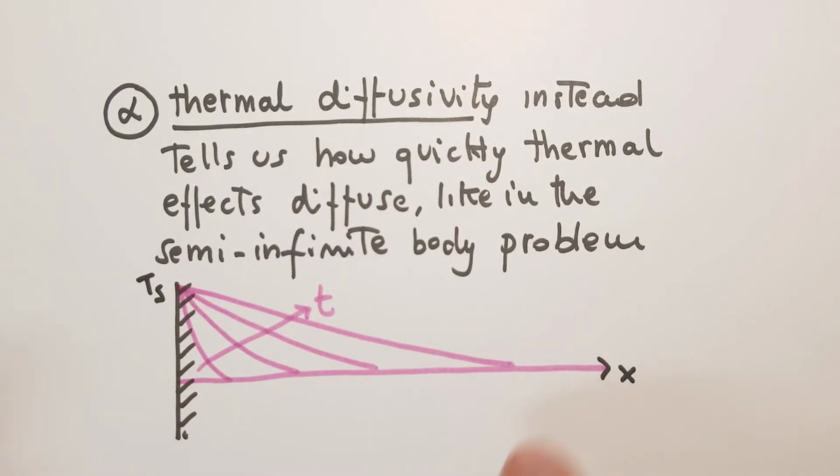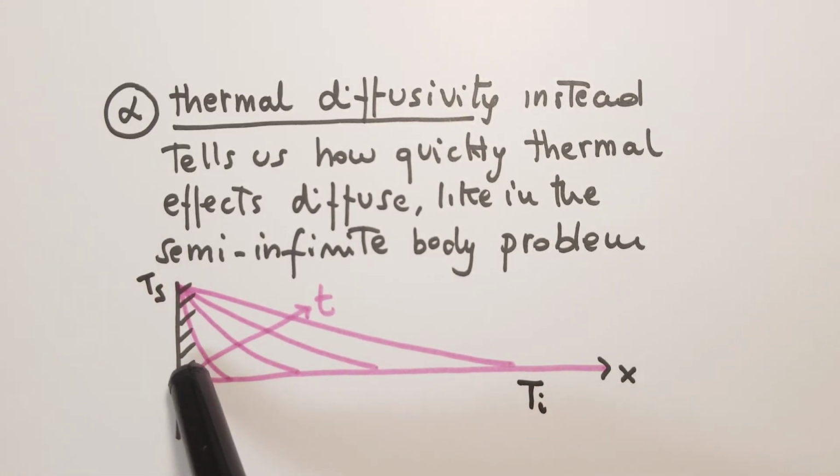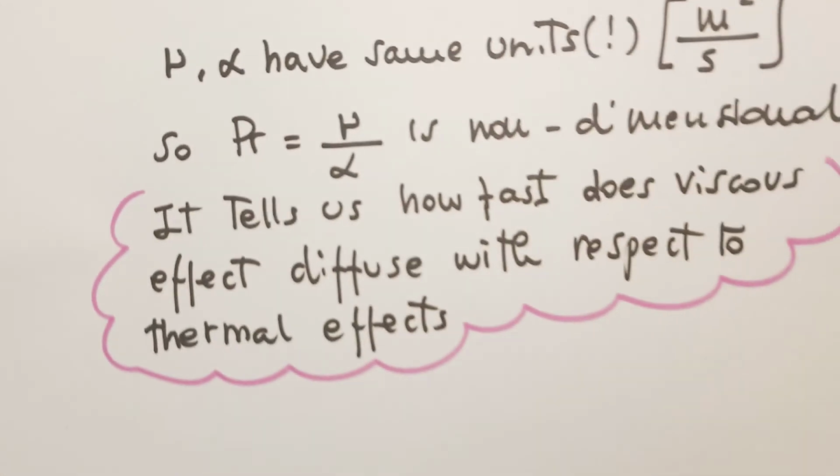So from an initial temperature Ti, we increase the temperature, and we observe that the thermal effects diffuse as time progresses. So more and more heat is transferred through the body, and so the particles inside the semi-infinite body feel the change of boundary conditions. So there's a strong analogy between the effects of momentum diffusion due to kinematic viscosity, and diffusion of thermal effects due to thermal diffusivity.